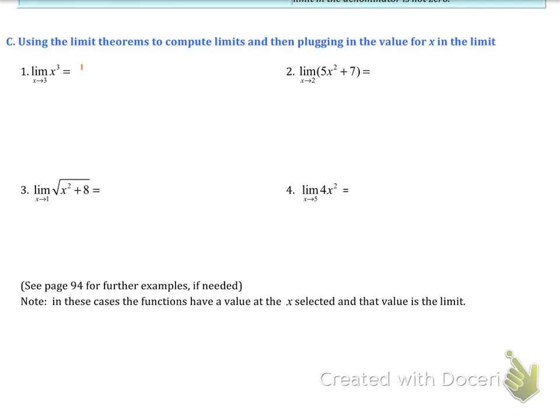So I can write the limit as x approaches 3 of x as a quantity to the third. So what this lets us do is evaluate that inside now, and I take 3 and it becomes x. So as x approaches 3, the limit of x is going to become 3, and now I have 3 cubed, which is 27.